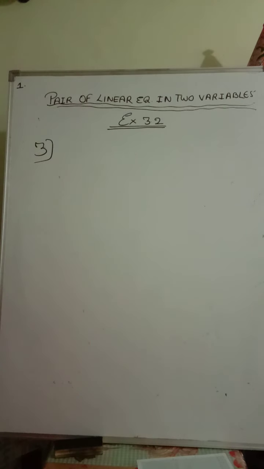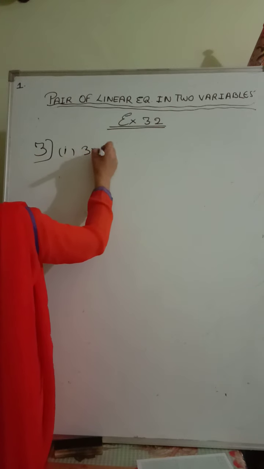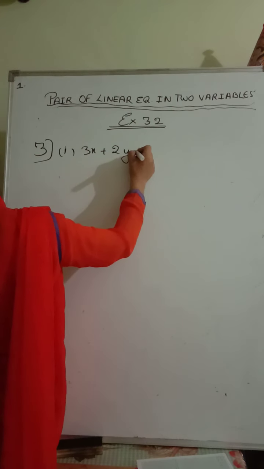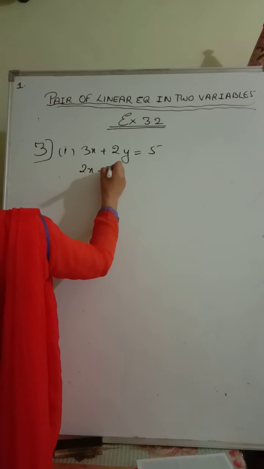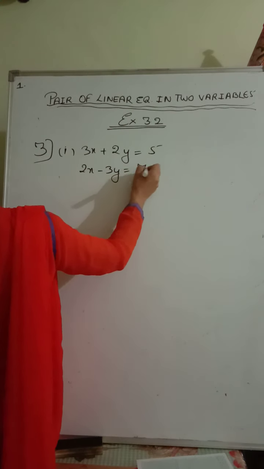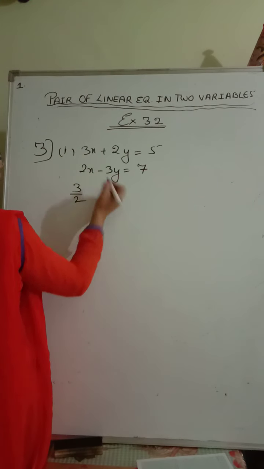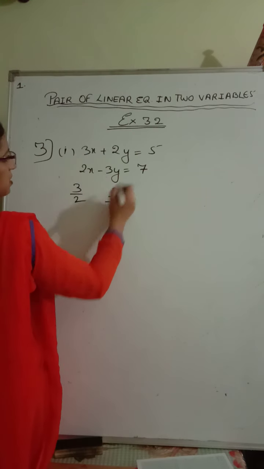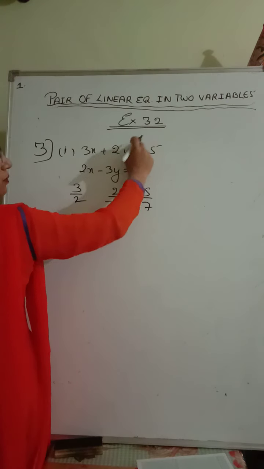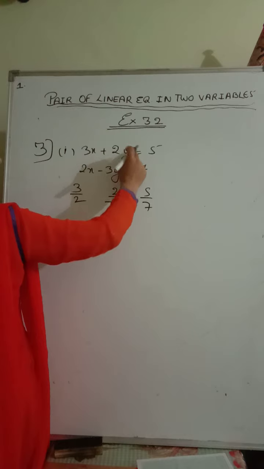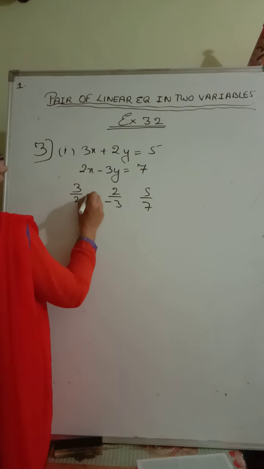Okay. So let us see the first part. 3x plus 2y equals to 5, and 2x minus 3y equals to 7. A1 upon A2, 3 upon 2, B1 upon B2, 2 upon minus 3, C1 upon C2, 5 upon 7. If you bring the C's to this side, this is minus 5 upon minus 7, minus and minus cancel, meaning will come the same.